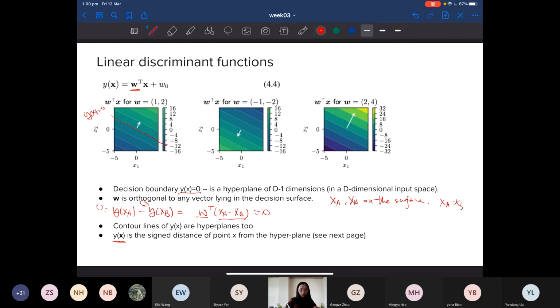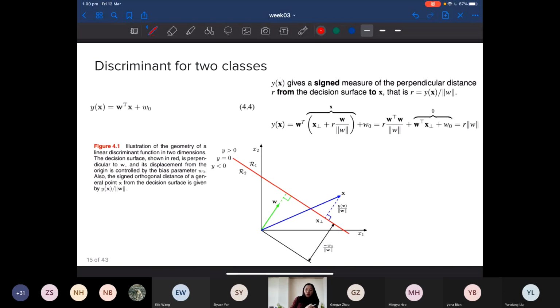Then when y of x is non-zero, it signifies the signed distance of point x. So this is some arbitrary y of x, the signed distance of x from the hyperplane. Let's elaborate on that. This is the slightly more involved page for linear discriminants. On the left, we have the same function we've been looking at.